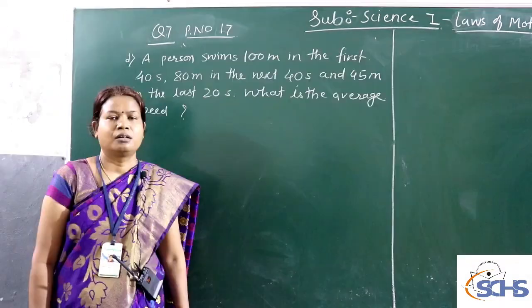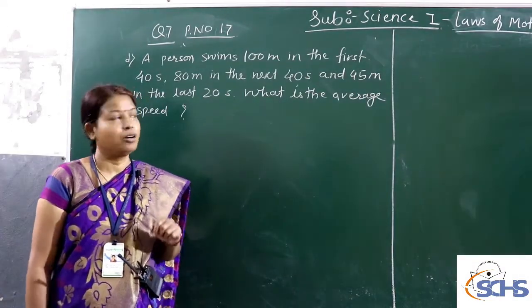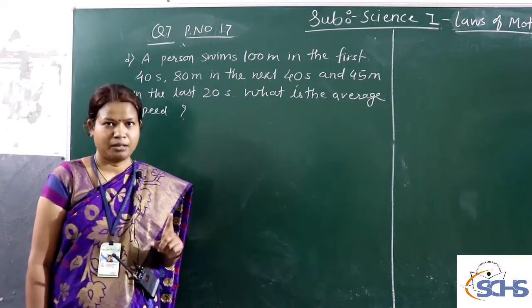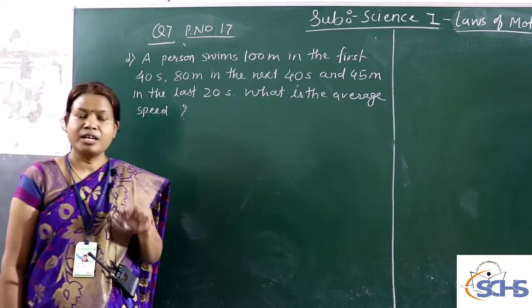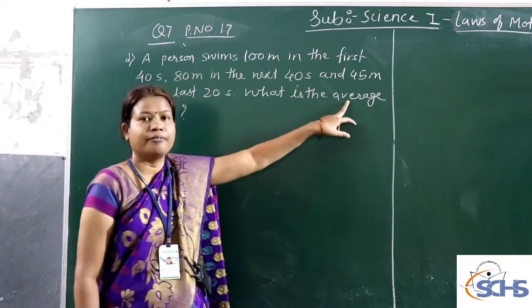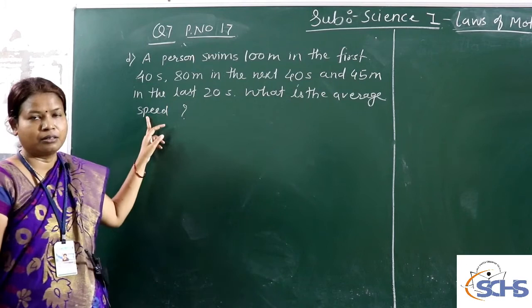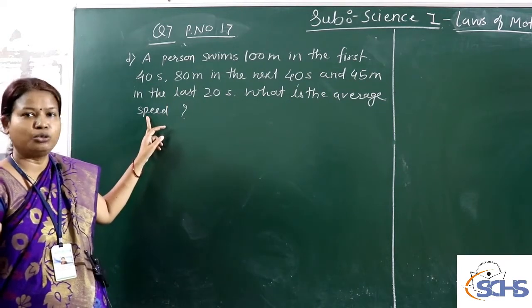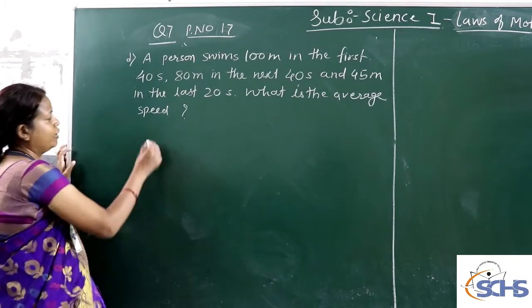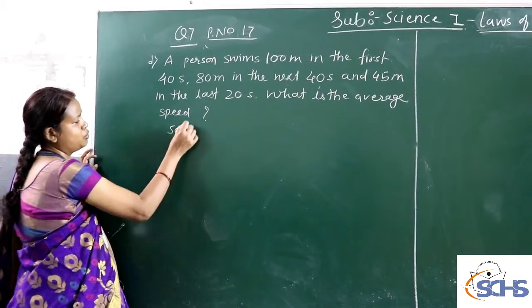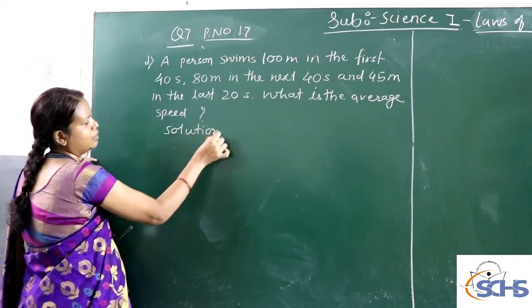Okay. Our another problem is also regarding the average speed. You remember that our first problem is also related with this average speed. So you know the idea how to solve this problem. First, write the solution. What is given in the problem?